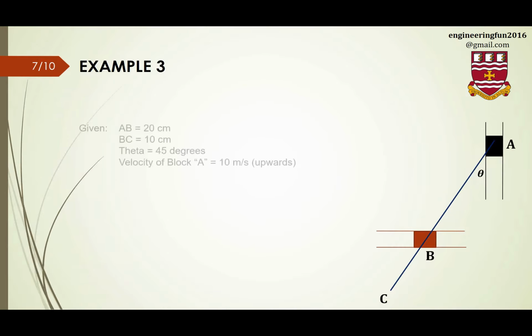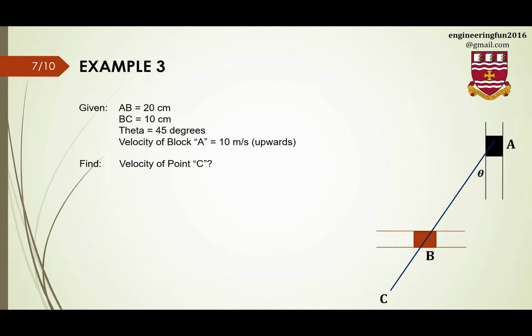Okay, let's look at this example. This is exactly the same example, but this rod is longer, and we are asked to find the velocity of point C at this time. In this question, theta is given to us, it is 45 degrees. It could show this angle to us and say this is theta, but here it just says that this is 45 degrees.